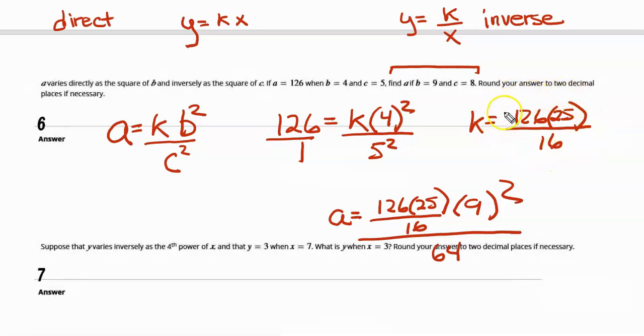So this is my value for K. Now I can get a value for this, which is what this is, multiply it by 81, which is 9 squared, and then divide it by 8 squared, which is 64, and let's see what you'd end up with. And they want us to round to 2 decimal places on this one.